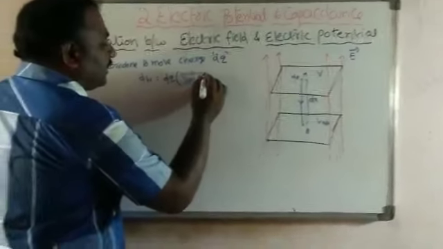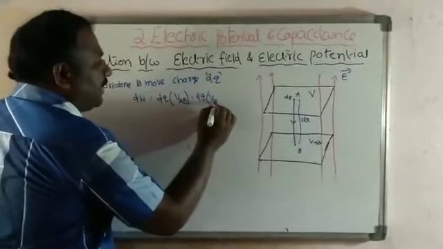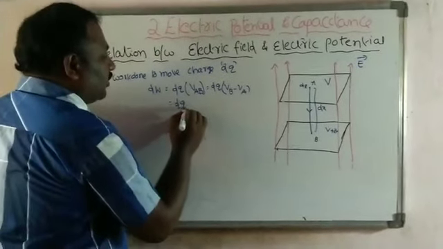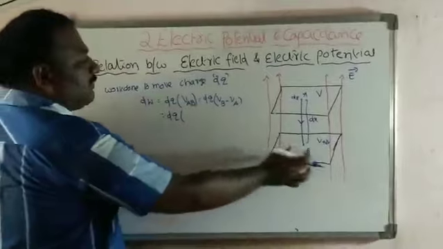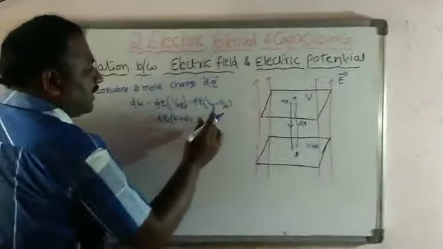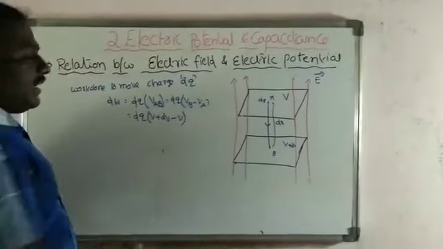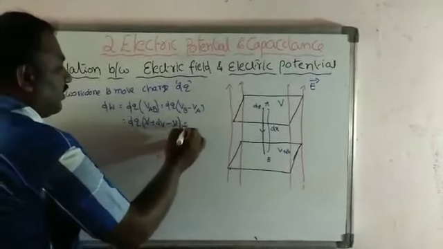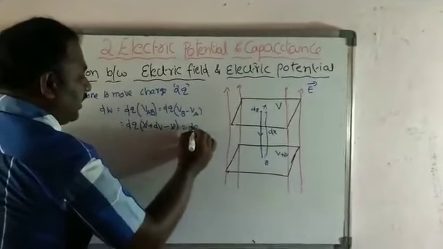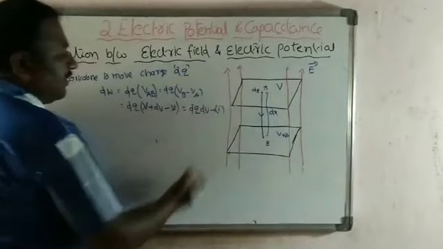That is dq into (VB minus VA). VB is V plus dV, and VA is V. Here V and V cancel. Now the work done to move the charge from A to B is dq into dV. This is equation 1.